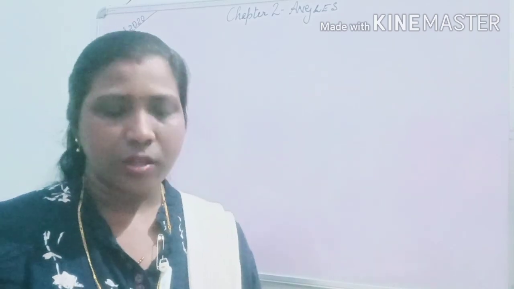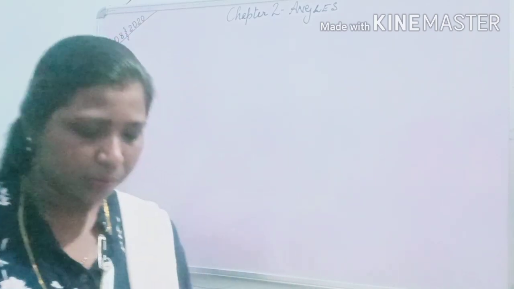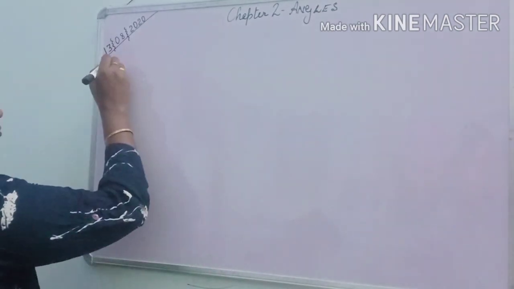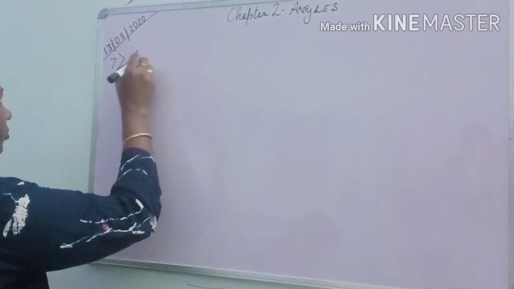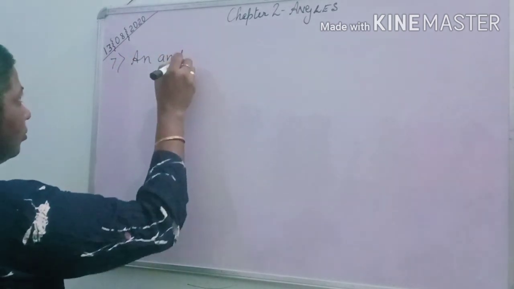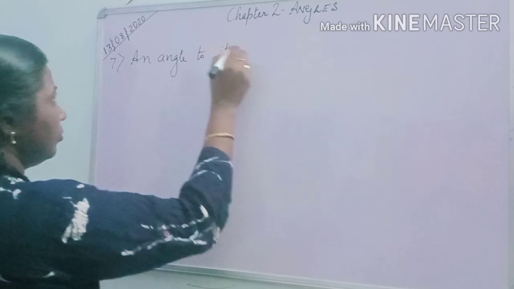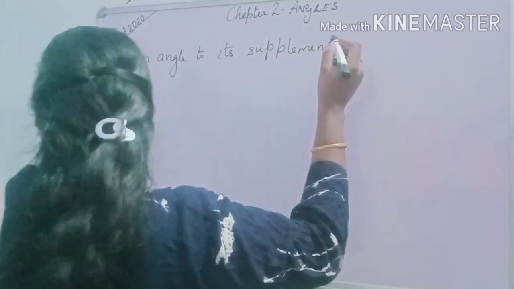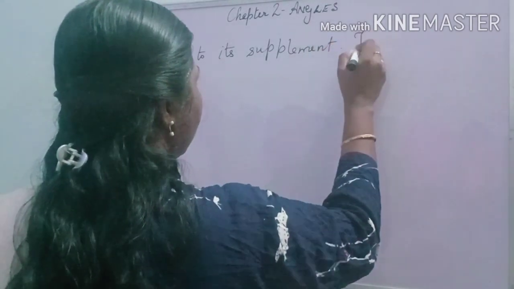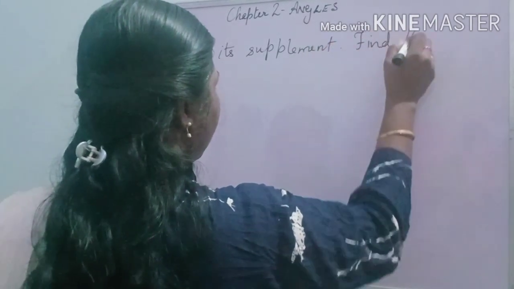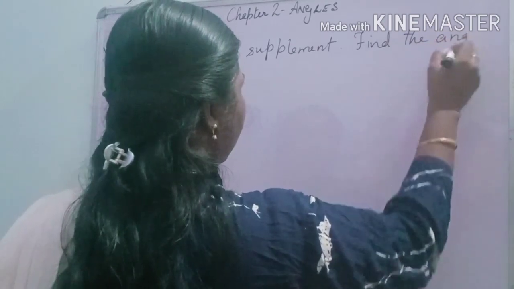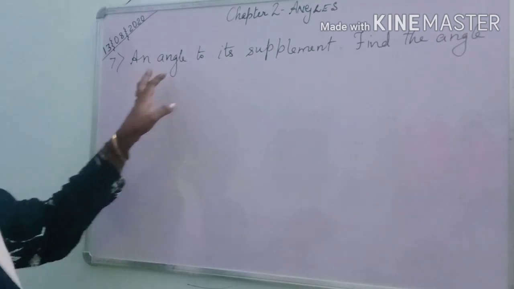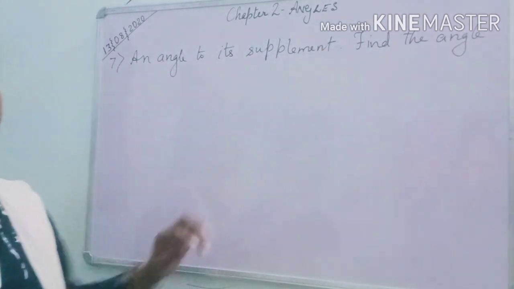Now the 6th question you can do yourself. Now the 7th question I am telling you: an angle is equal to its supplement. Find the angle.